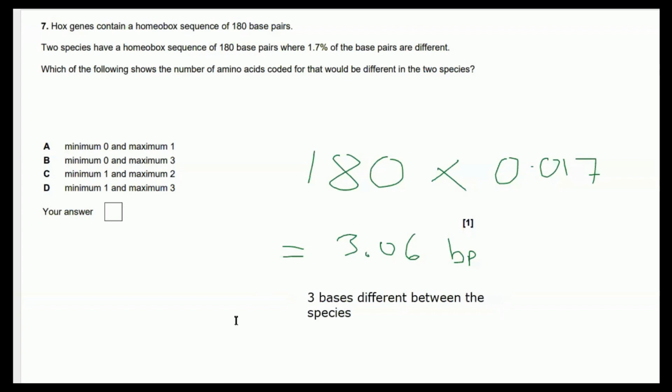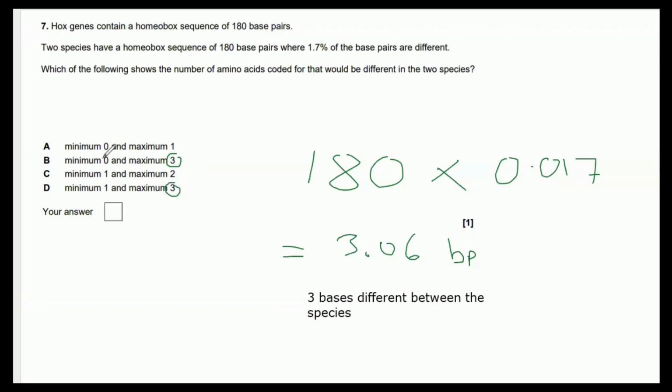Well, that means they could all be in one codon, or the 3 different bases could be in 3 different codons. So if they're not silent mutations, you could potentially change a maximum of 3 amino acids.